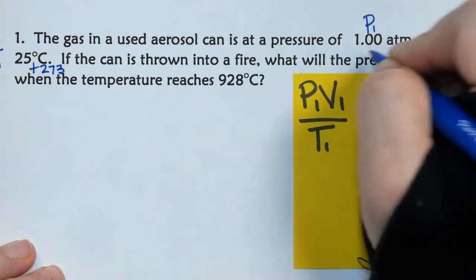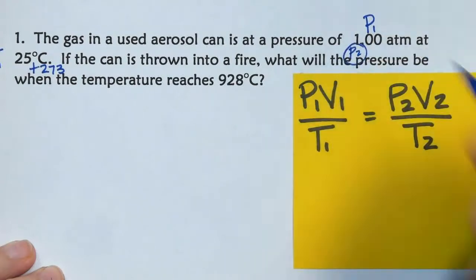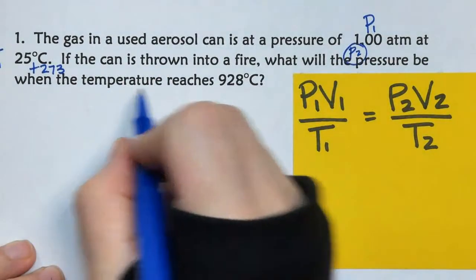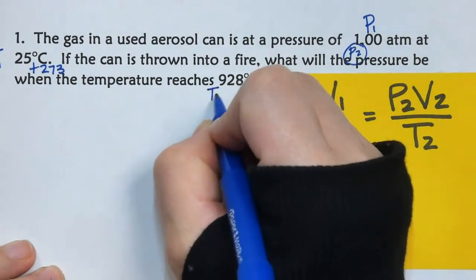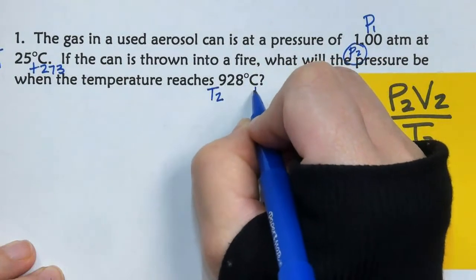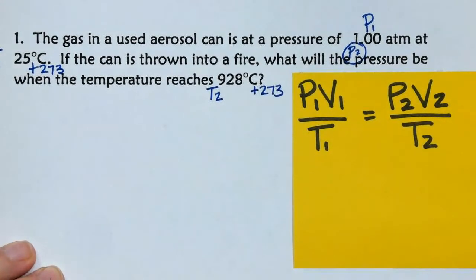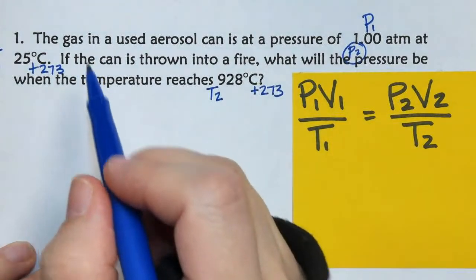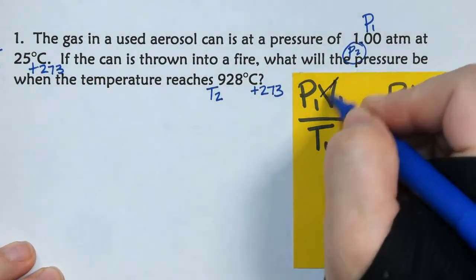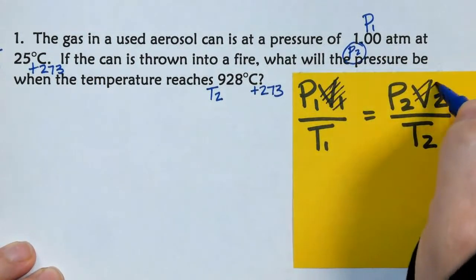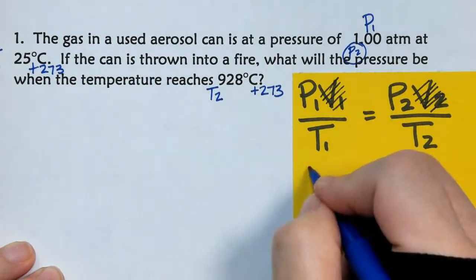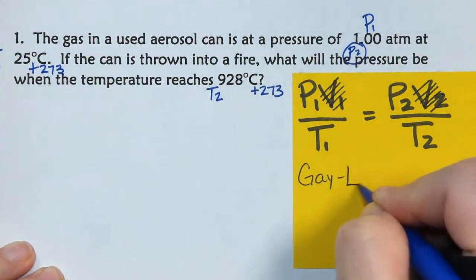So P2 is what I'm solving for. And then when the temperature reaches, so here's our T2, remember it's Celsius plus 273. So what you'll notice is we have two pressures, two temperatures. We have no volumes. So that means that volume is the constant in this problem, and that's how we know that it's a Gay-Lussac's law problem.